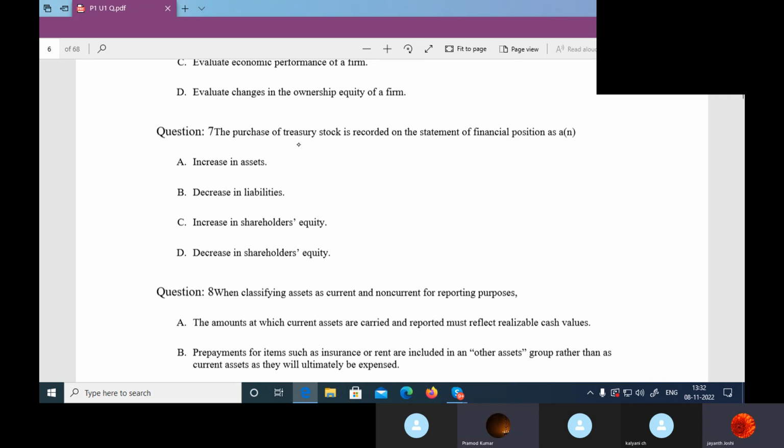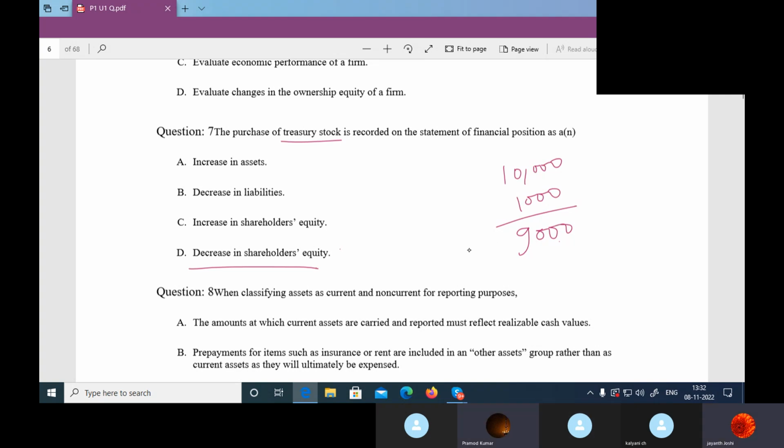No, when you buy treasury stock, it is a decrease in equity. You may have some outstanding shares, so suppose there are 10,000 outstanding shares. You are buying 1,000 shares out of that, so you now have 9,000 shares, correct? Then your equity is decreasing.